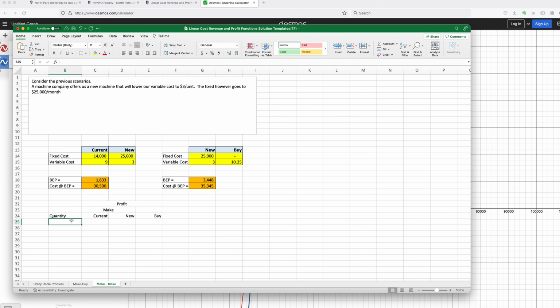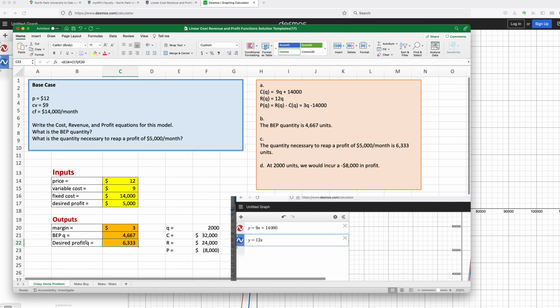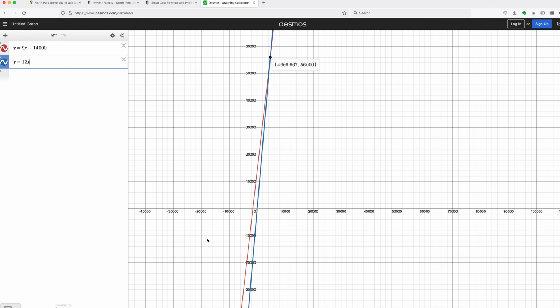So what do I want my quantities to be? 0. And what do we want to do? We can add any numbers we want. We want to go up by hundreds. What were we looking at if we looked at this? The desired profit quantity is 6,000. So let's go by 500s.